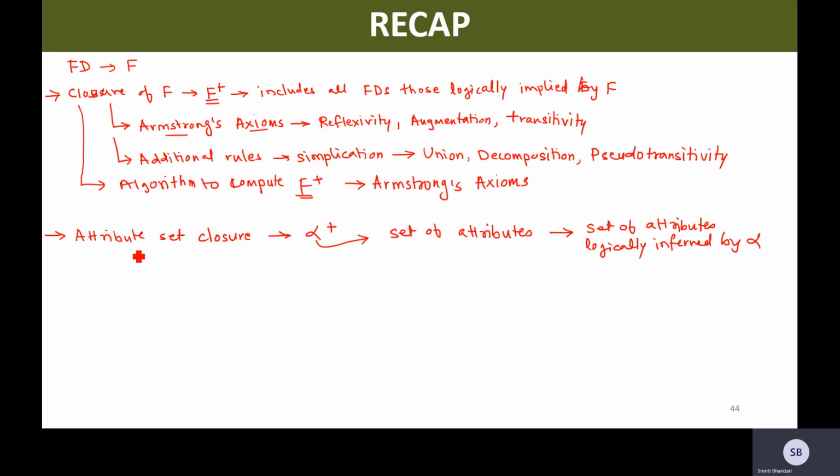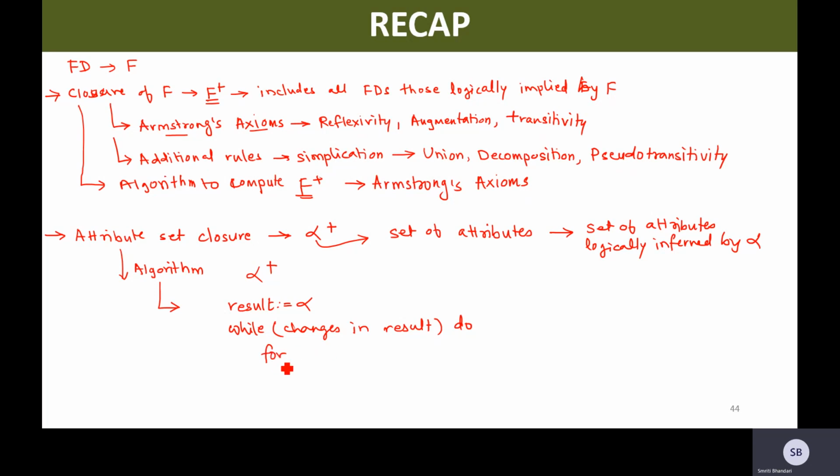Now, we have seen the algorithm to compute this attribute set closure alpha plus. So let us write this algorithm, because we are going to make use of it in this session. If we want to compute alpha plus, then we initialize the result to alpha. Then we have a loop: while there are changes in result, do.